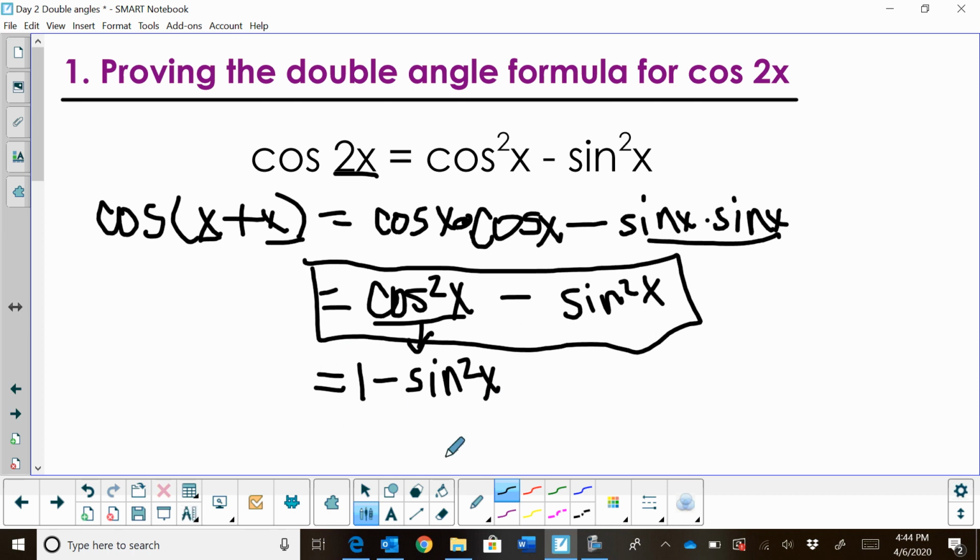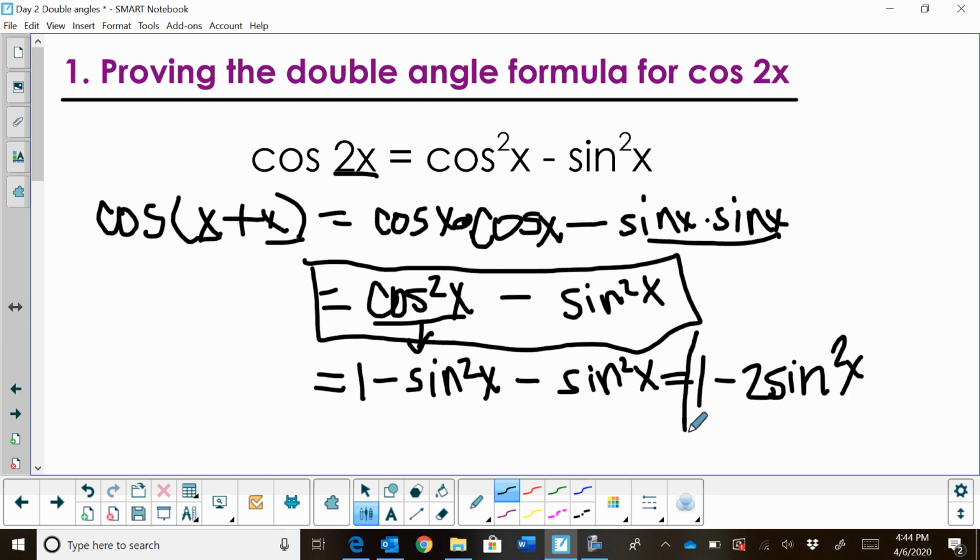Okay, so 1 minus sine squared is equal to cosine squared minus this other sine squared. Well, what does that actually give us? That gives us 1 minus 2 sine squared.